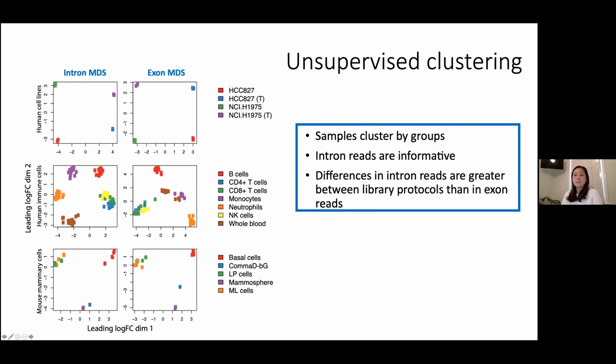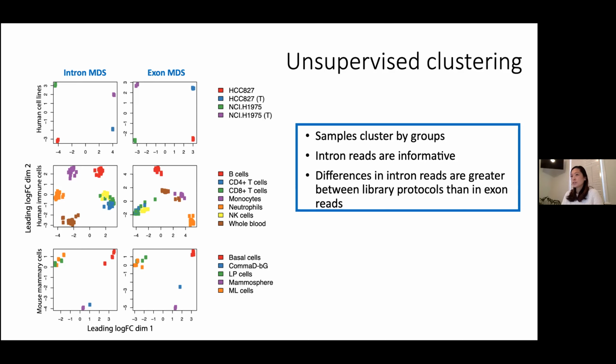The next thing we do is to perform some unsupervised clustering using multi-dimensional scaling plots, or MDS plots. On the left are your intron MDS plots, and on the right are the exon MDS plots, separated by the 3 different data sets. Each of the points on the plot represents a sample or a library, and the colors are meant to reflect their biological or technical groups.